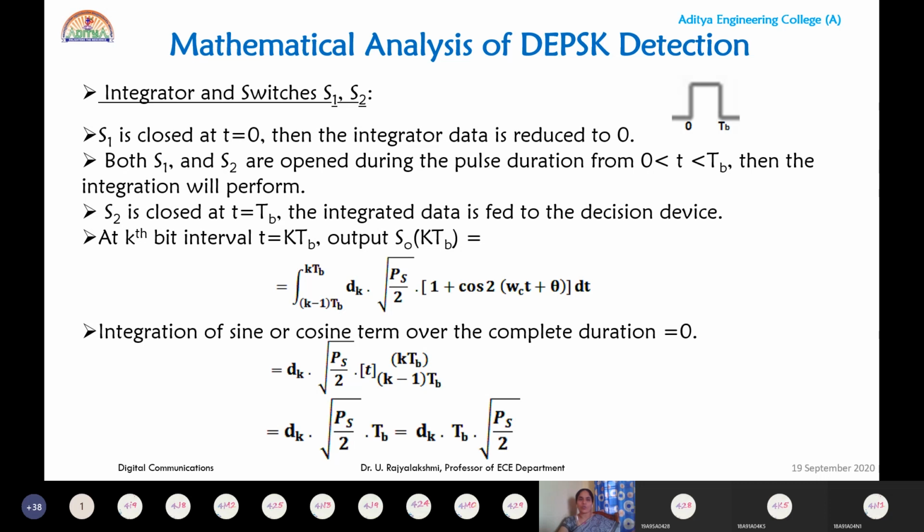So S1 and S2 both will be open during the pulse width, that is from 0 to TB. Then the low pass filter performs integration. S2 is closed after the bit duration, at t equal to TB.